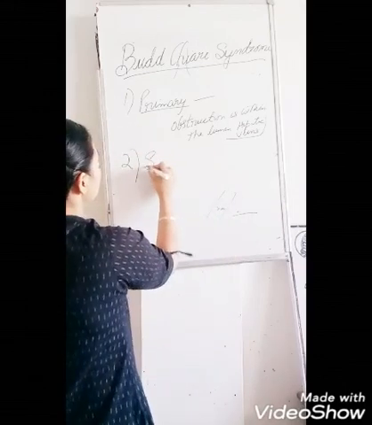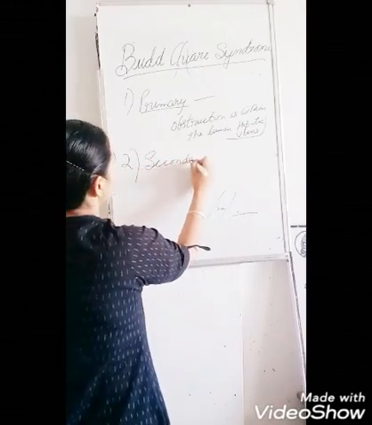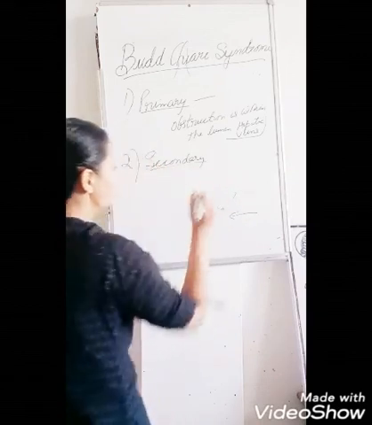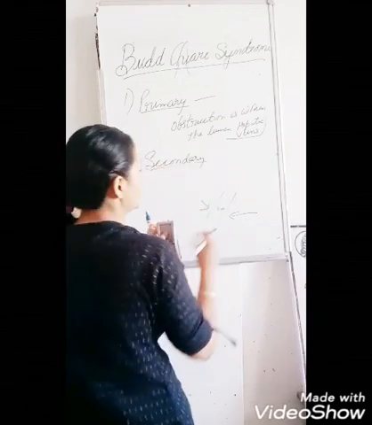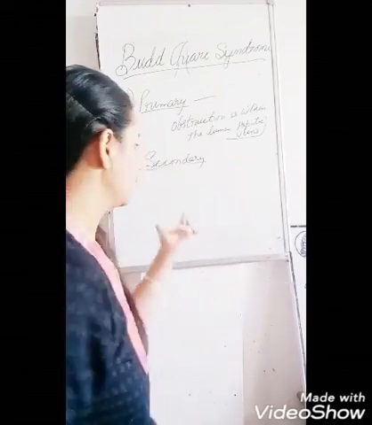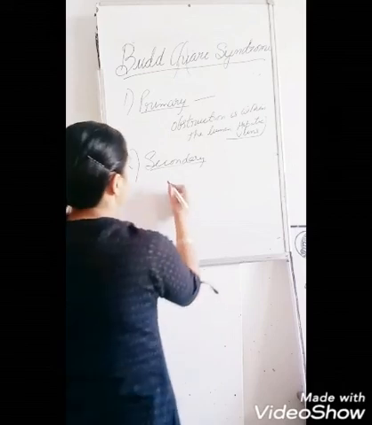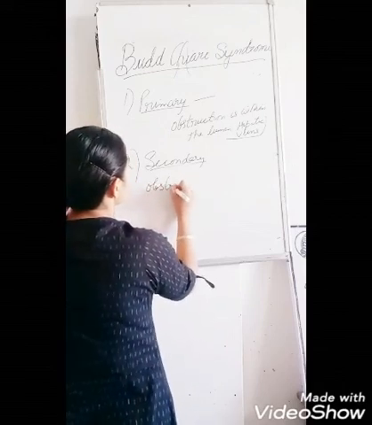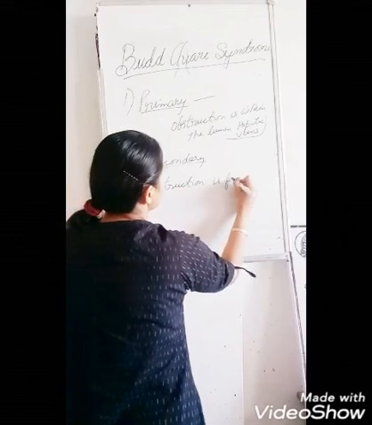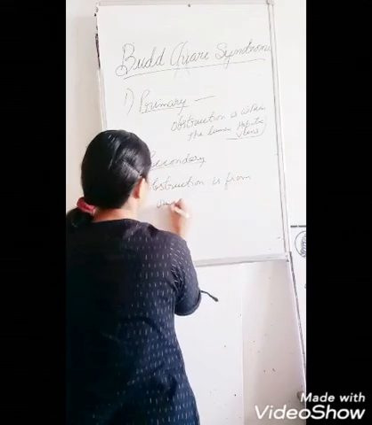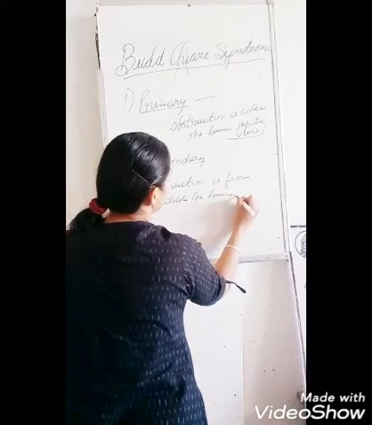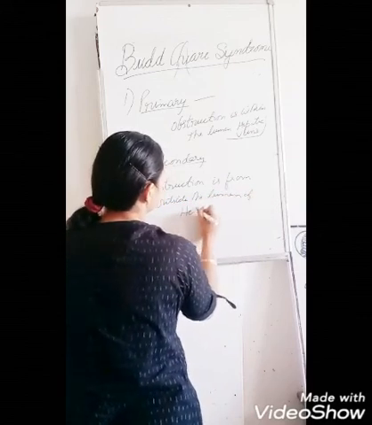In secondary, the obstruction is from outside the lumen of the hepatic vein. The reason could be tumors. So the obstruction is from outside the lumen of the hepatic veins.